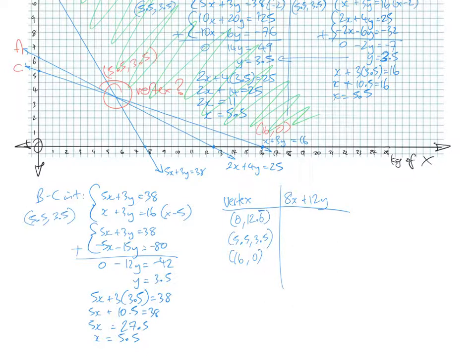Alright, 0 times by 8 is going to be 0 plus, I'm going to do 12 and 2/3 on my calculator.